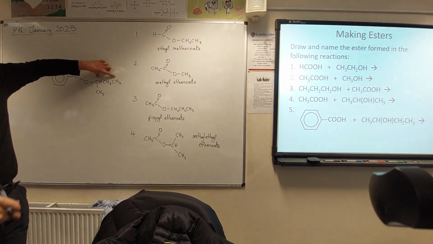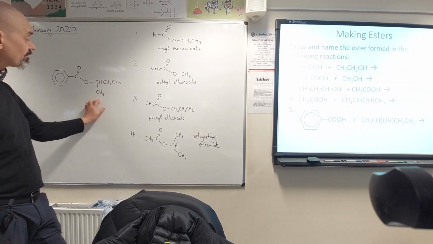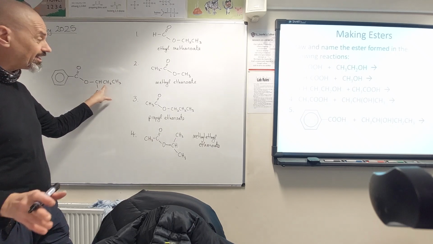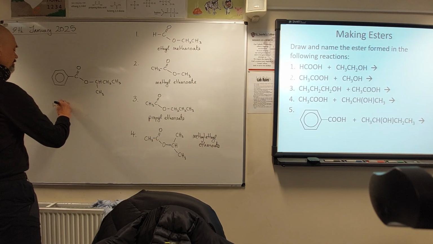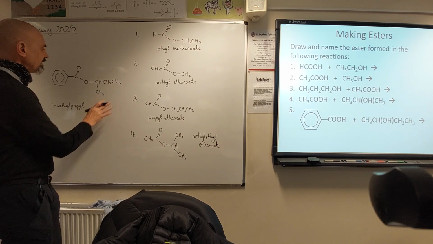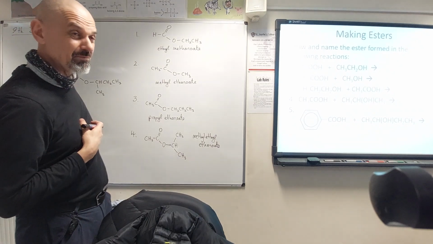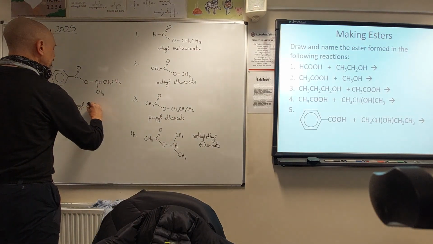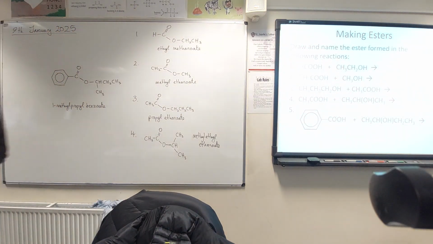So I've got a propyl group and a methyl group, but the methyl group could be there or it could be sitting on the middle carbon there, so we have to distinguish, and again we distinguish with numbers. So 1-methyl propyl is the group there, and then if we were naming that molecule, the original molecule was benzoic acid, then that would just be benzoate. Okay?